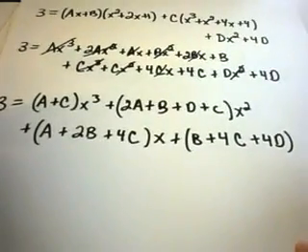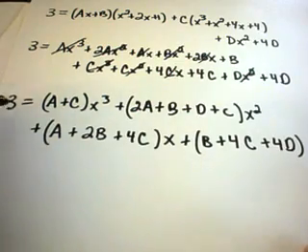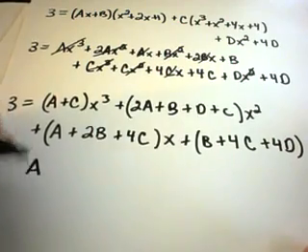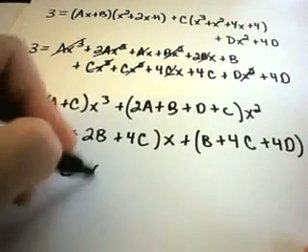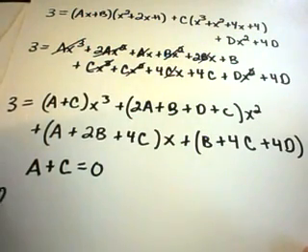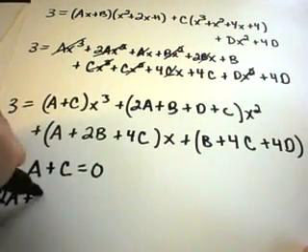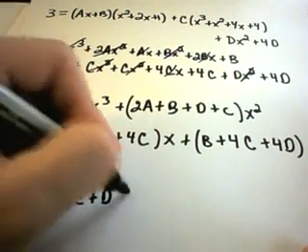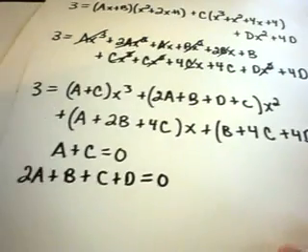And now this is where the equating of the coefficients comes into it. There's no x cubed term on the left side, so that means that a plus c equals 0. There's no x squared term on the left side, so that means 2a plus b, I'm going to alphabetize it, plus c plus d also equals 0.